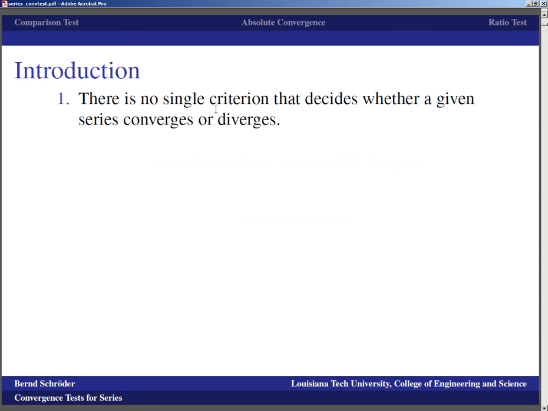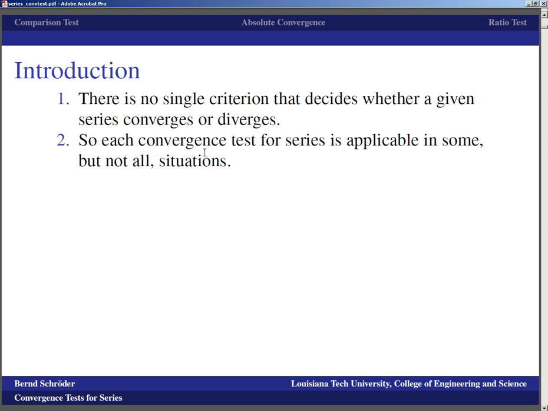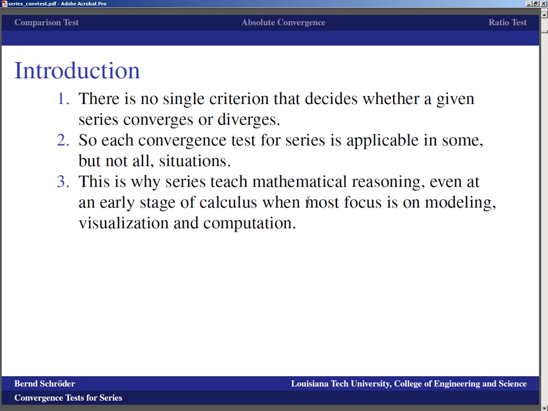As an introduction, again, a reminder, there is no single criterion that decides whether a given series converges or diverges. There is no single criterion that does it for all series. So each of the convergence tests that we're going to look at will be applicable in some but not all situations, and that is certainly also why series teach mathematical reasoning, even at this early stage of calculus when most of our focus is on modeling, visualization, and computation.